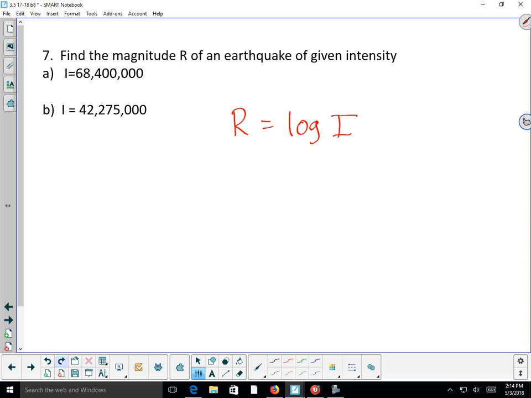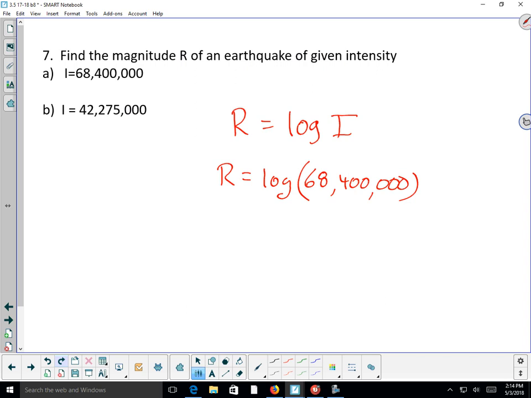So how am I going to find the magnitude of the Richter? Find magnitude R of the earthquake, Alex. R equals... are we on the first one? Okay.